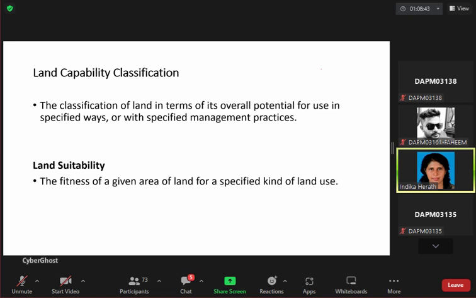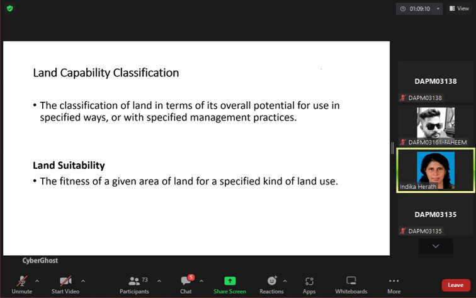And the other definition I want to talk about is land suitability, right? The suitability is the fitness. You all know what fitness is, right? Fitness of a given land area for a specific kind of use. For example, this is well practiced in the coconut industry.